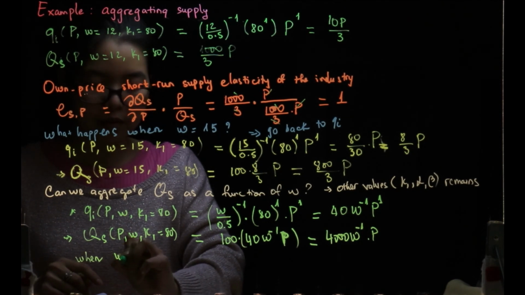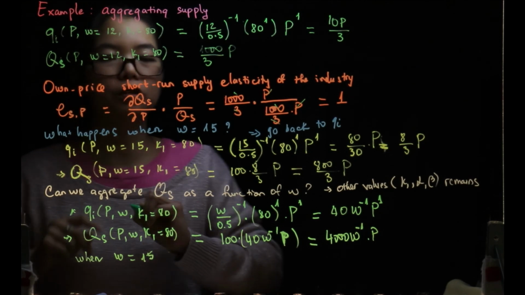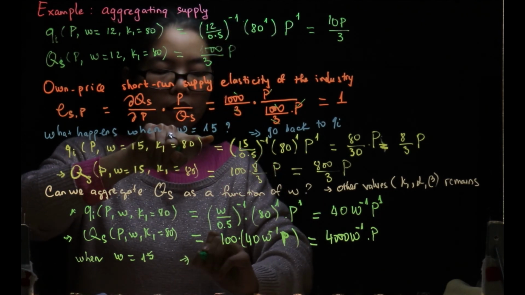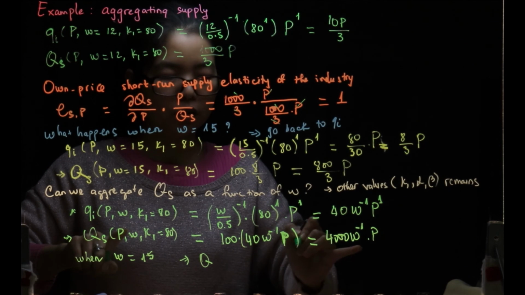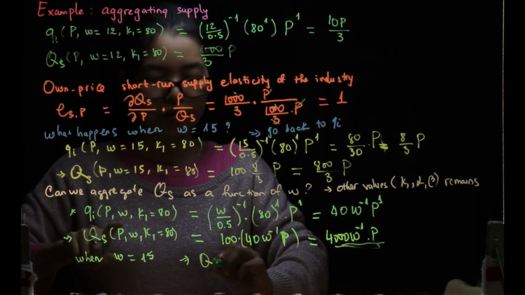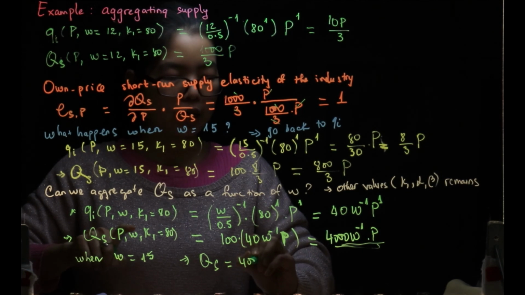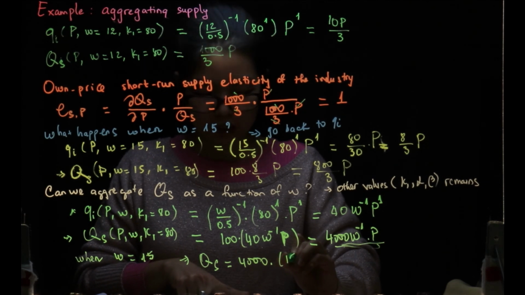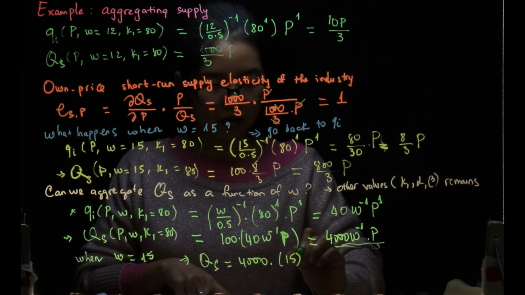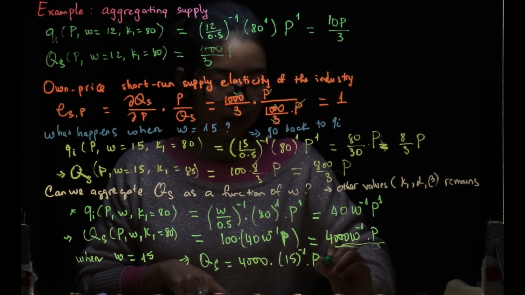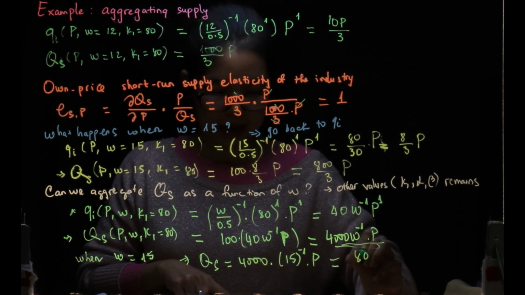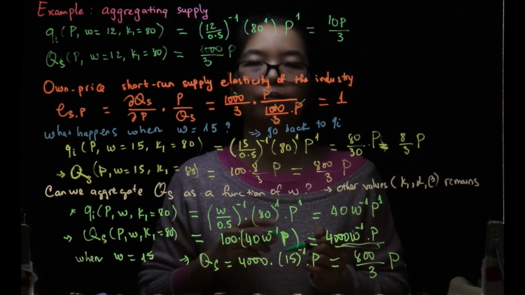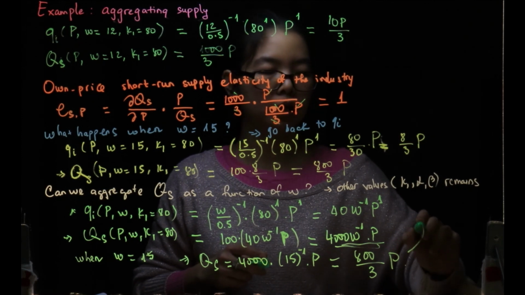So when W equals 15, for example, like in this case, then if we substitute into here, we have QS equals 4,000 times 15 to the power of minus 1 times P, and that is exactly 800 over 3 P. Same result as here.